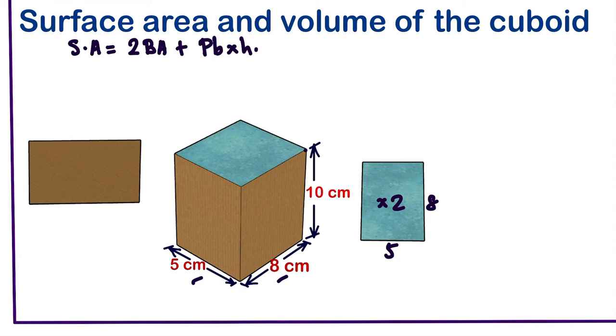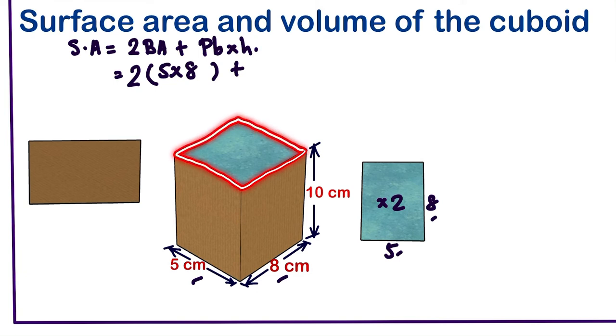So we are going to have 2 bracket the area of this base, because we have times 2, right? The area of this base, 5 times 8, plus the perimeter of the base, the total distance around.